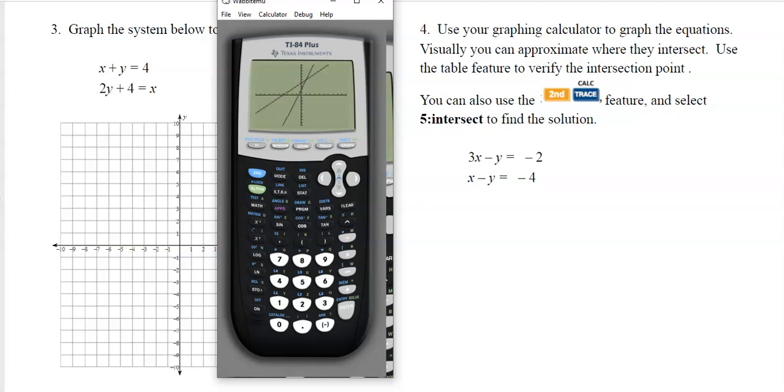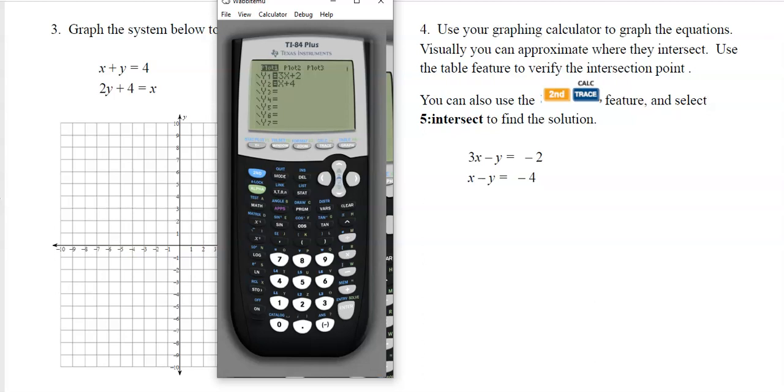What's up, Davis? Are you in a weird window? Go back to your y equals. Is that word Plot1 highlighted? Yeah. All right, so you're going to want to go up and then hit enter.